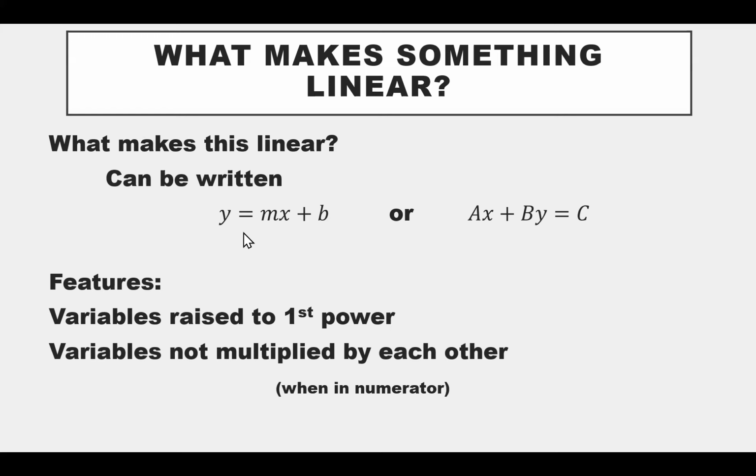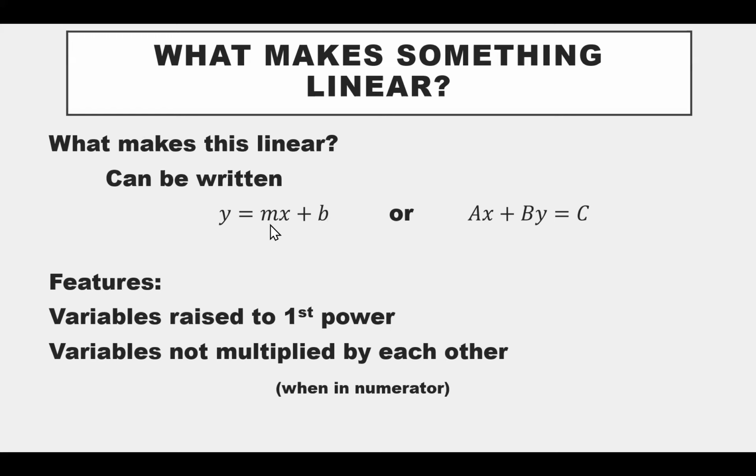Now, in both of these types of equations, whichever way I write this, I want you to notice that the variable x and the variable y are being raised to the first power. Also, those two variables are not being multiplied times each other. And lastly, when I say raised to the first power, I mean raised to the first power if I write the variable in the numerator, or I'm not writing the first power in the denominator.